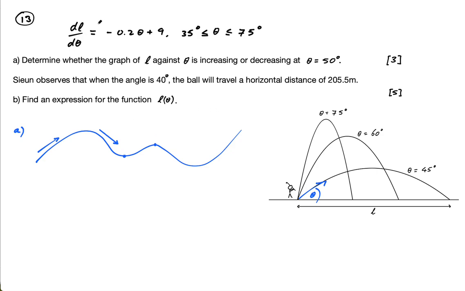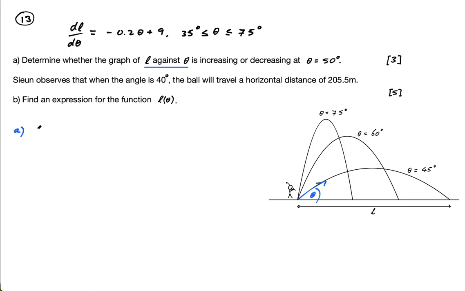That's why, in order to find the max and the min, we set the derivative equal to 0. But what's important is that the derivative is going to tell us if it's increasing or decreasing, because I don't know what the graph of L against theta looks like, but I can tell you by finding dL/dθ at that point.